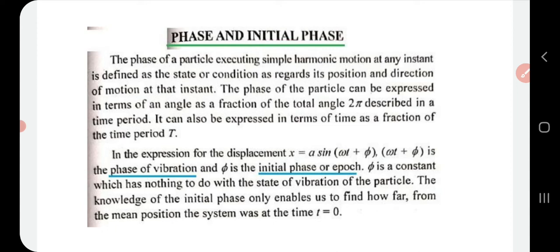That is, if we say that phase of a particle is this much, then that actually means the condition or the state of the particle in terms of its position and direction at that particular instant of time. That is the definition. Now it can be expressed as an angle or as a fraction of total angle 2 pi described in a time period. Or another way to express it is in terms of time as a fraction of time period T. So these are the two ways in which a phase is represented.